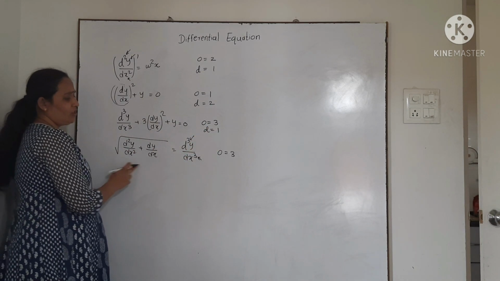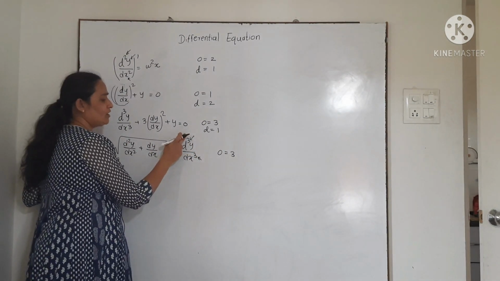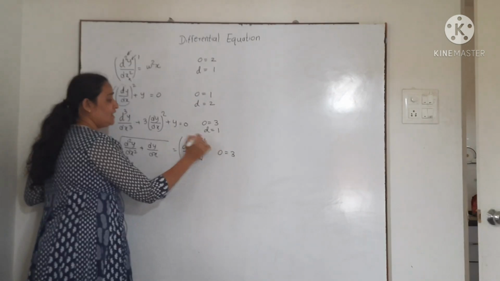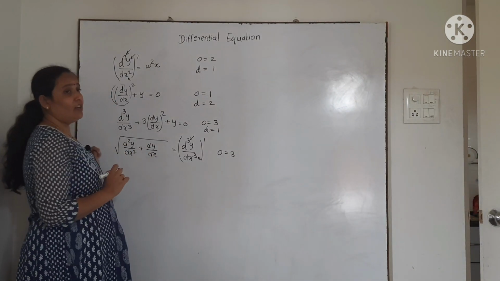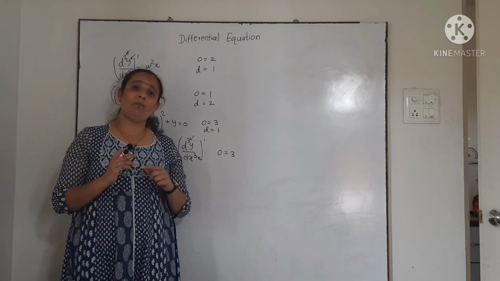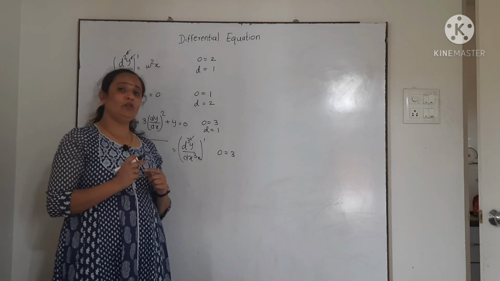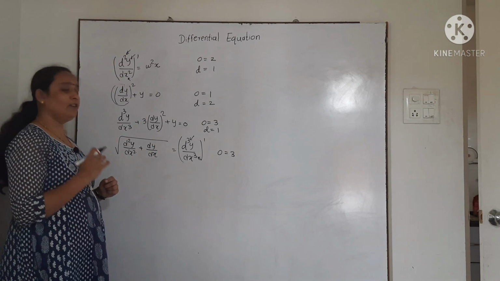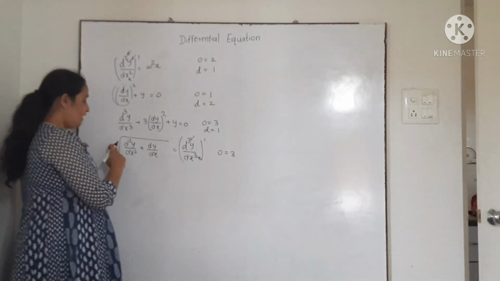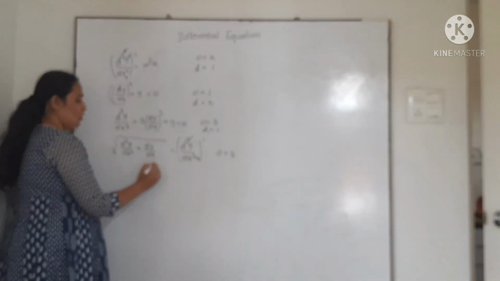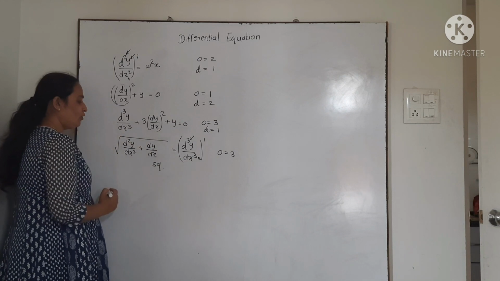If you see this equation, highest order derivative is this. What is its power? Some people may say it as 1. But the definition is, degree is what? Power of highest order derivative when the differential equation is free from fractions and radicals. If you see, there is one square root sign. So for this you have to take squaring on both sides.